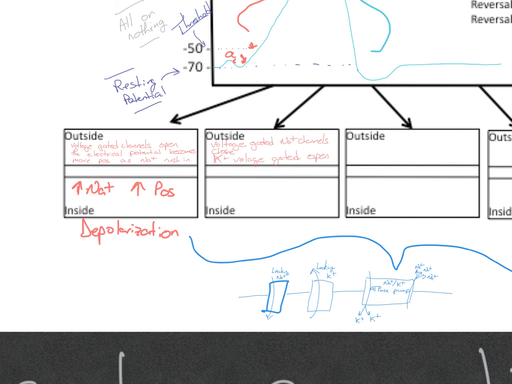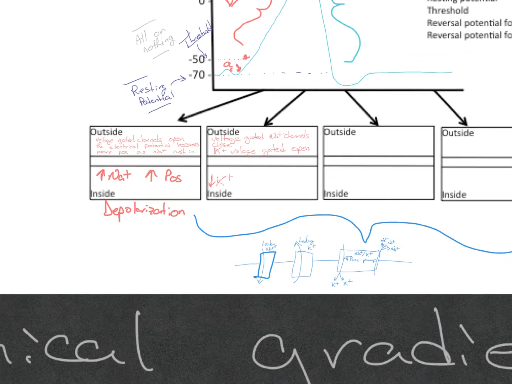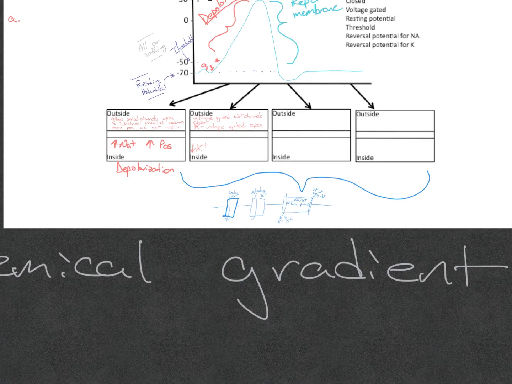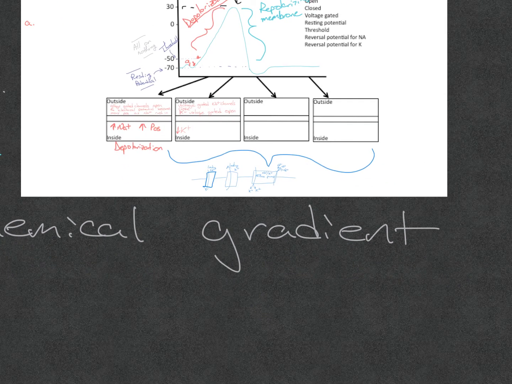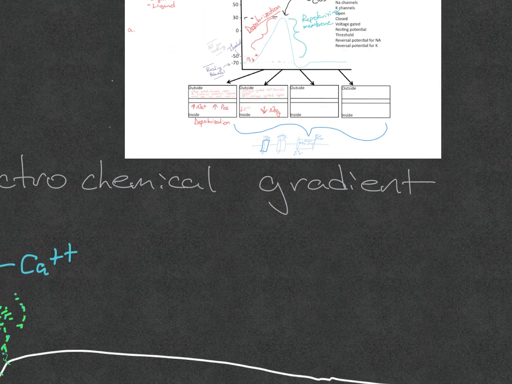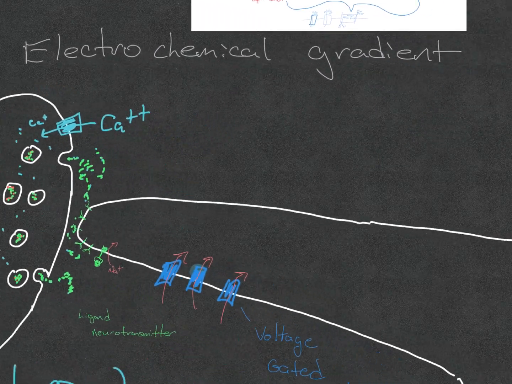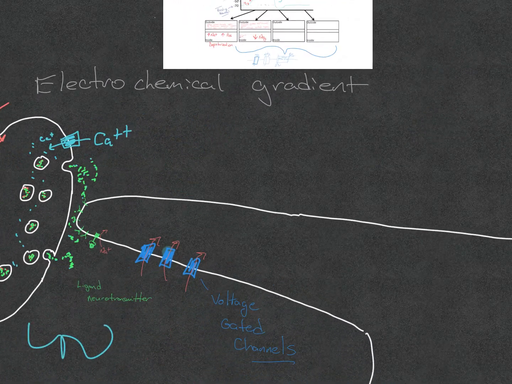What does that do? That means potassium ions inside start to decrease. Potassium starts to decrease inside, and sodium stops flowing, so the membrane becomes more negative. All right. So the reason it's becoming more negative is that potassium's leaving.